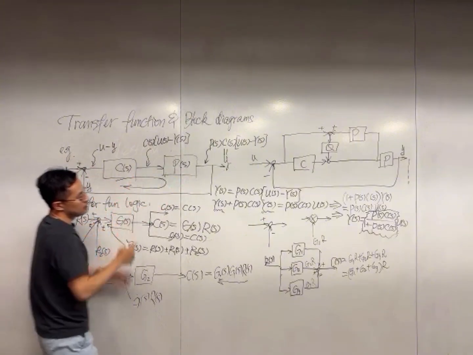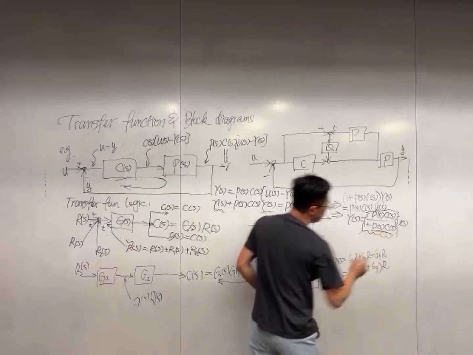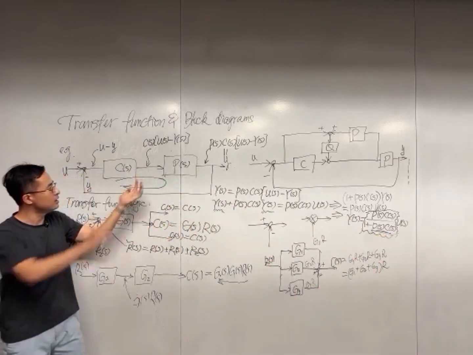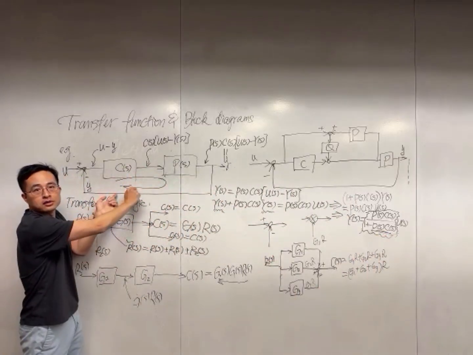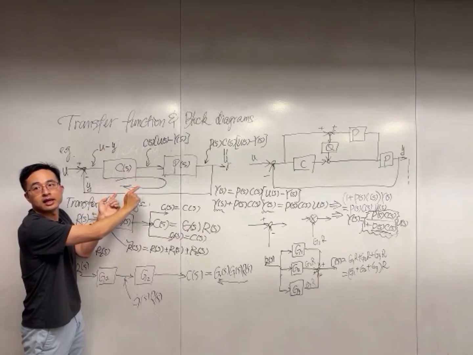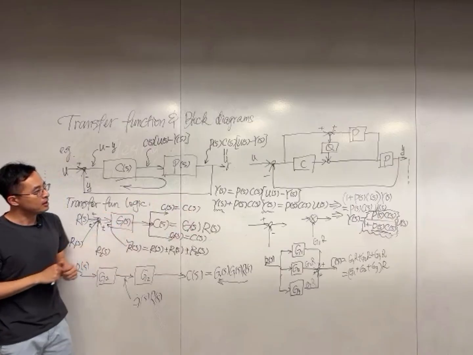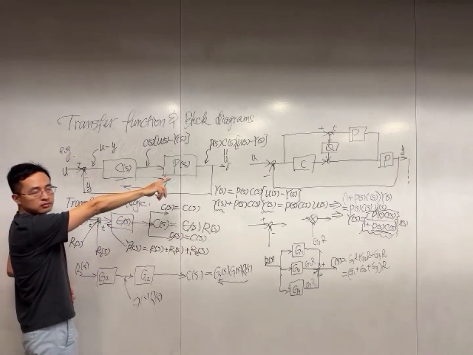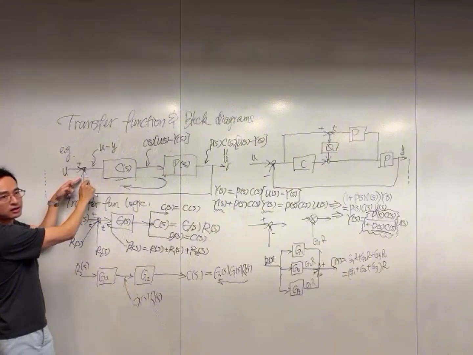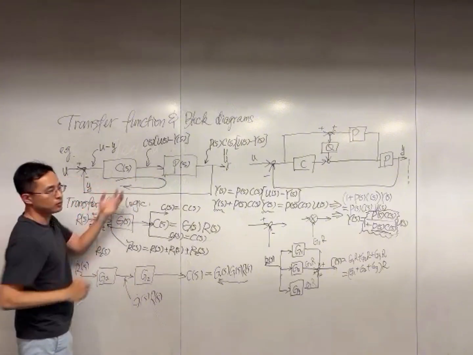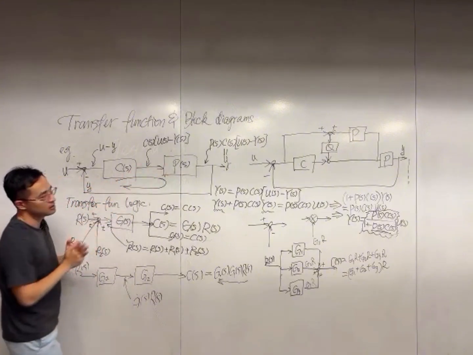So it's 1 plus P times C, which is all the transfer functions in this feedback loop multiplied together. So that's how you can remember this formula very easily. Numerator, direct path. Denominator, if it's negative feedback, is 1 plus all the transfer functions in this loop.